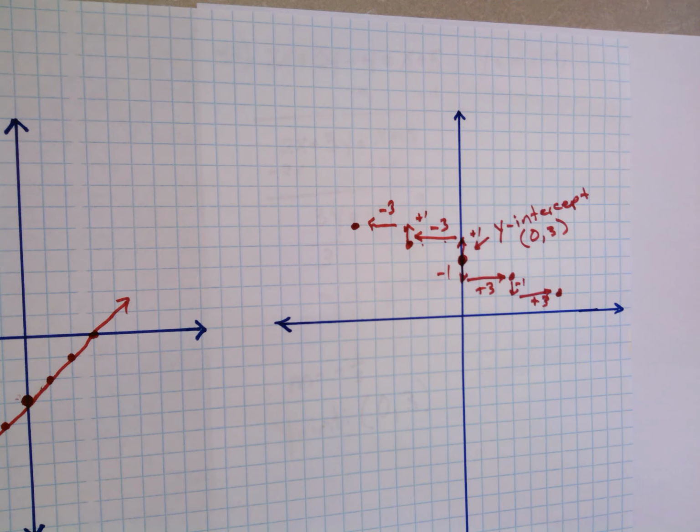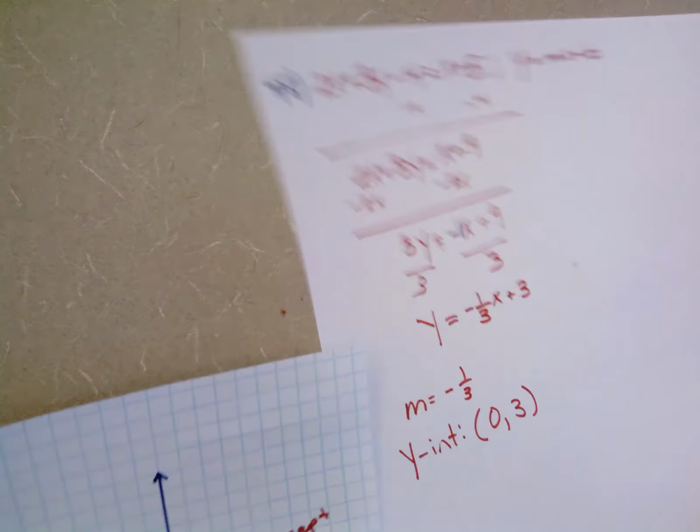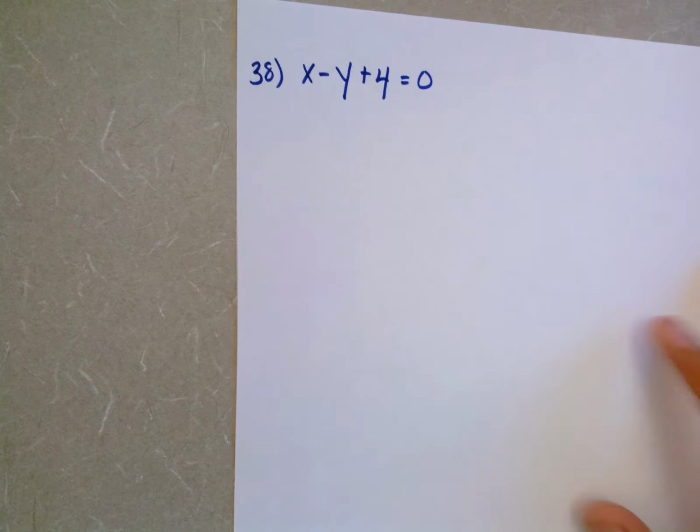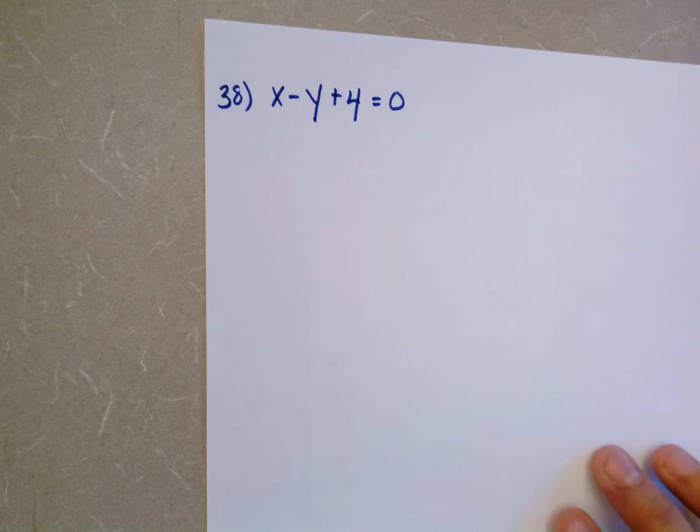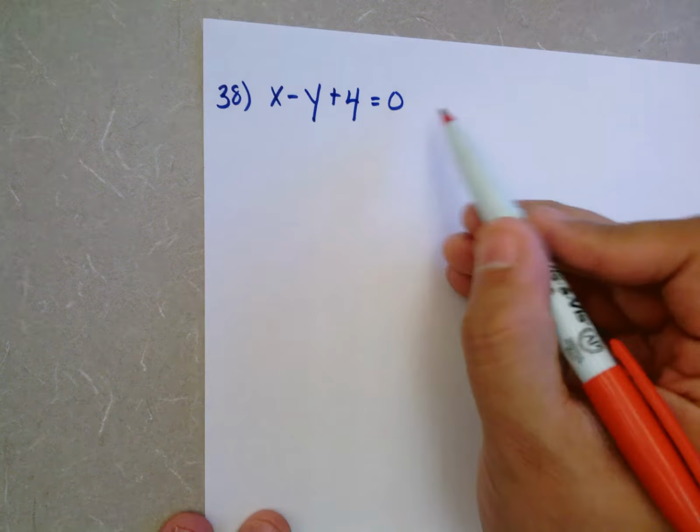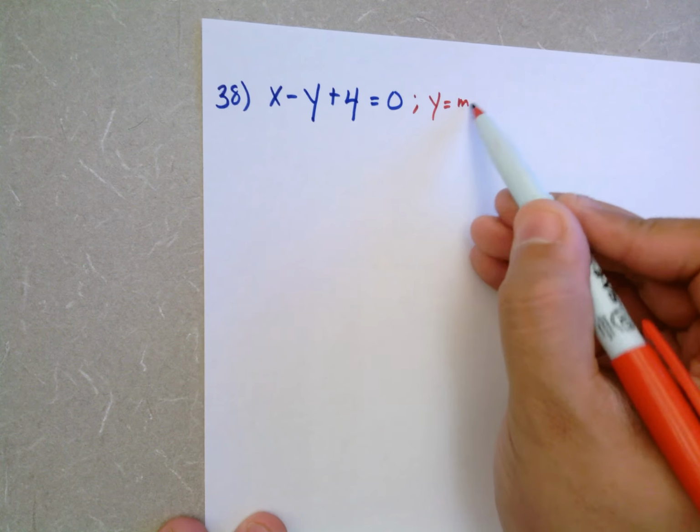I'd like to do one more example from these pages, something that looks a little different. Number 38, we have x minus y plus 4 equals 0. Well, again, we want it to look like y equals mx plus b.